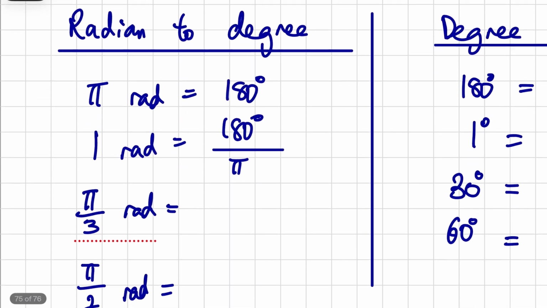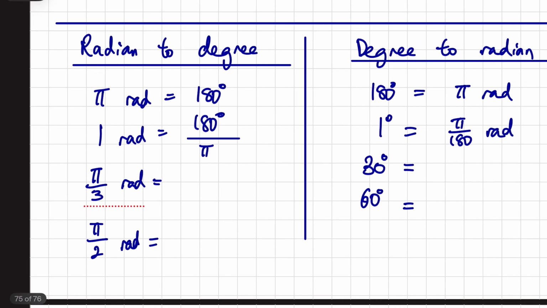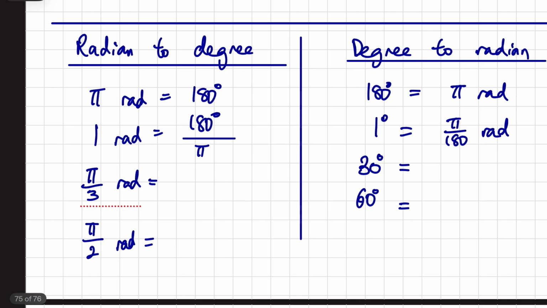Let's look at first the conversions. We want to convert between radian to degree and degree to radian. We're going to look at radian to degree first. Since we know that pi radian is equal to 180 degrees, if I divide both sides by pi, then 1 radian is equal to 180 degrees divided by pi. What happens if I have pi over 3 radian?